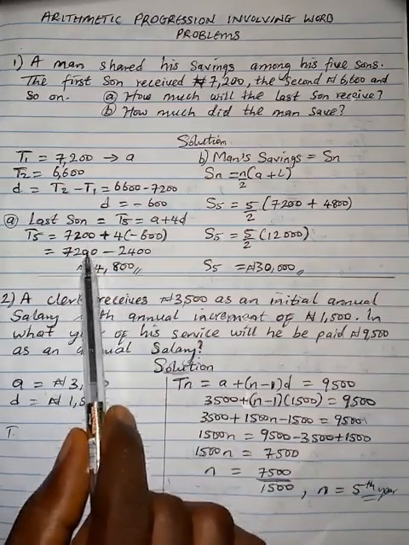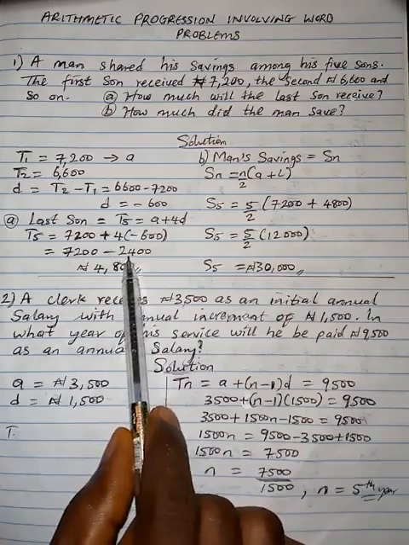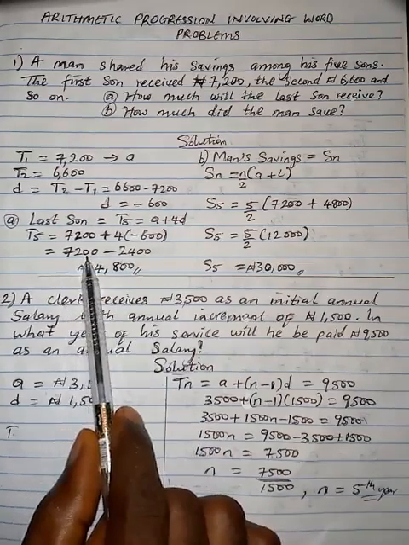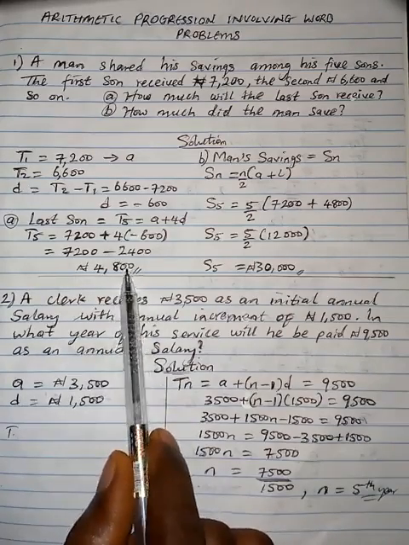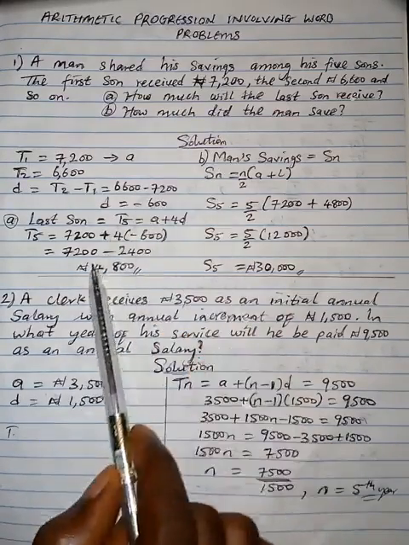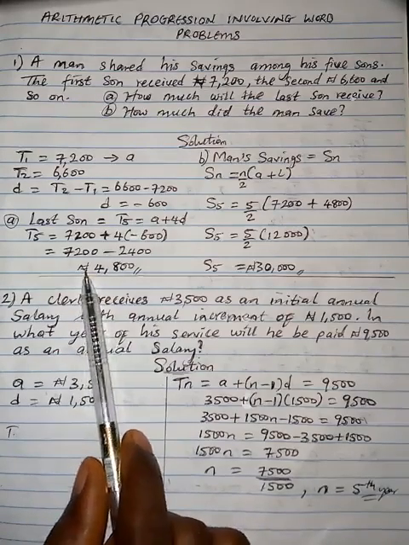Now 7,200 plus 4 times minus 600, which is minus 2,400. So 7,200 minus 2,400 will give us 4,800. Of course, since the money is shared in naira, we also go with the naira currency here.